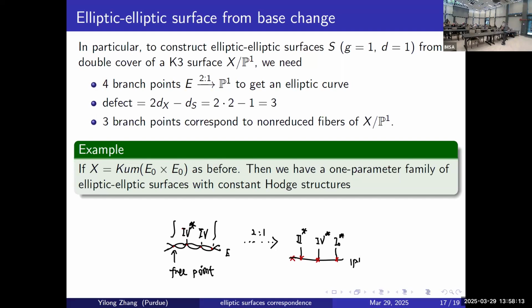Okay, so as an example, if you start from this, what in the literature is actually called the most algebraic K3 surface, which has an elliptic fibration with the E8 fiber, E6 fiber and E4 fibers.